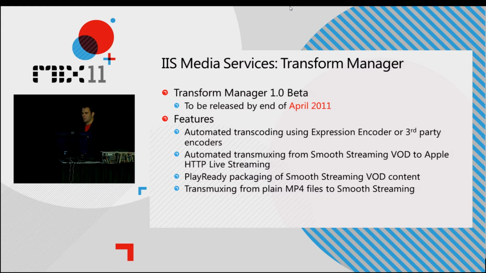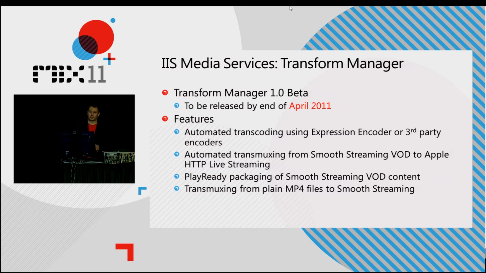And what it is, it's a way of automating the process of both transcoding, transmuxing, packaging, so that you can run it on a server and set up basically watch folders where you deliver maybe some sources in one format to that watch folder, and it automatically goes and either gets transcoded or transmuxed or packaged or whatever you need.